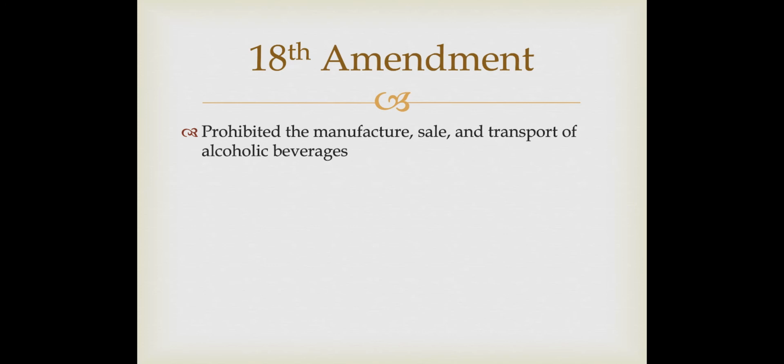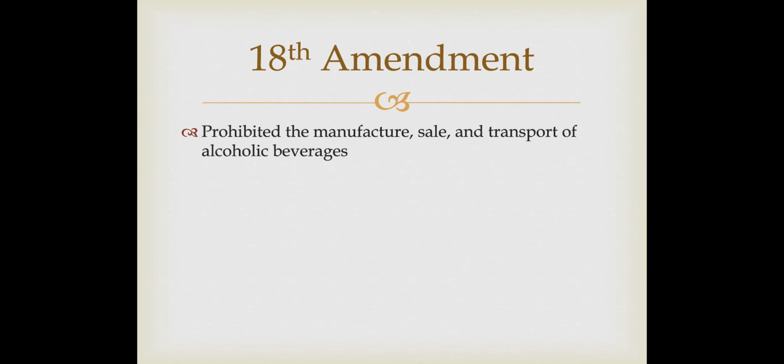So the solution, before I go into the 18th Amendment in detail, I want to point something out. The temperance movement had been incredibly successful on a state by state basis. They had gotten alcohol bans in lots of states before the national amendment went into effect.